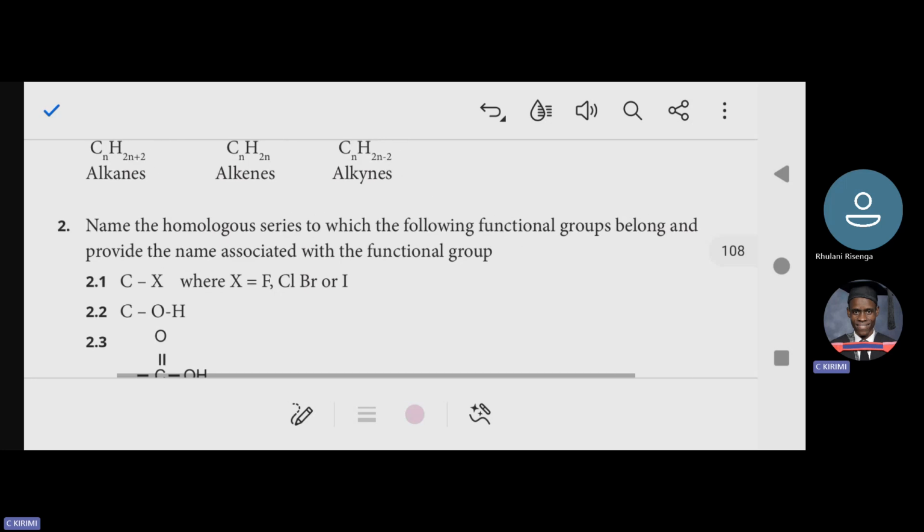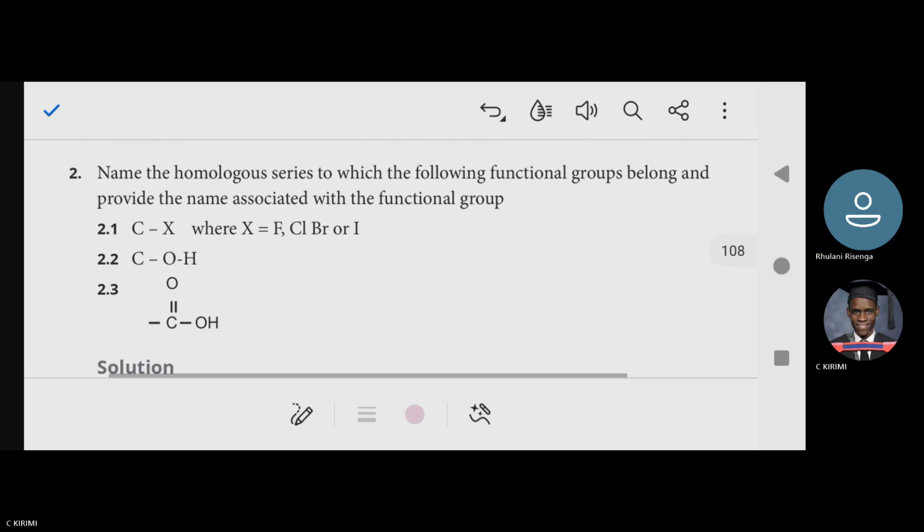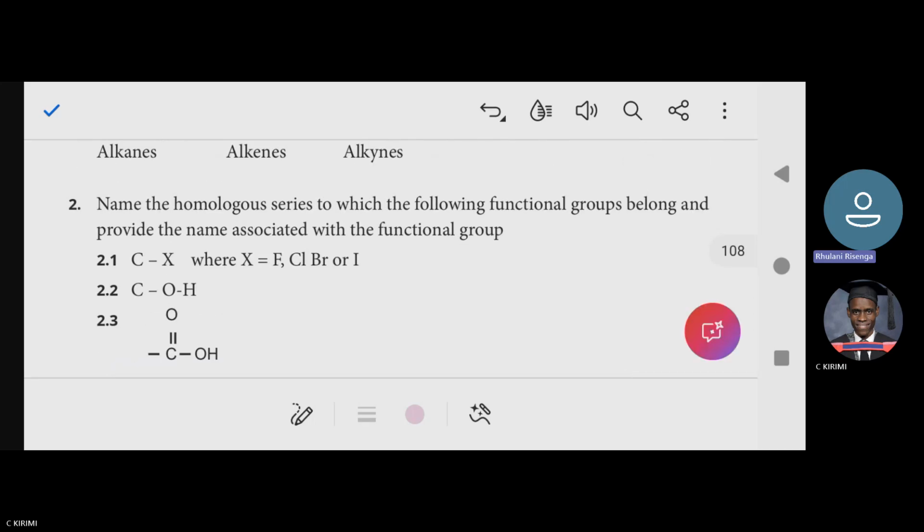The next question: the homologous series to which the following functional groups belong, and provide the name associated with the functional group. So 2.1 you said haloalkanes, 2.2 is alcohols, and 2.3 is carboxylic acids.